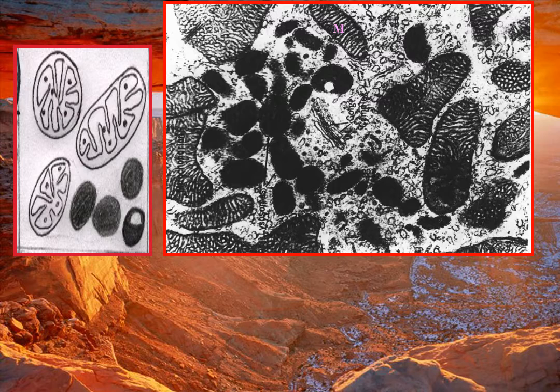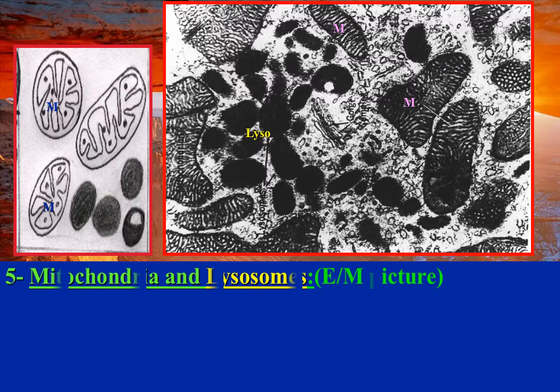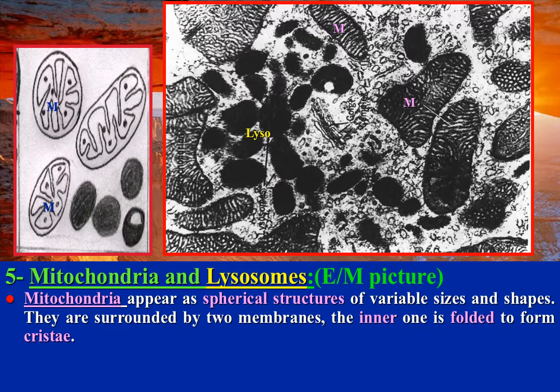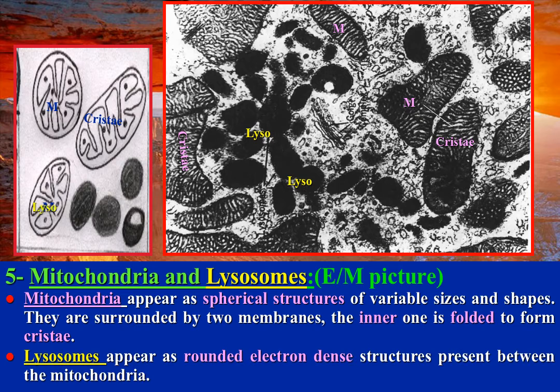Mitochondria and lysosomes. Mitochondria appear as spherical structures of variable sizes and shapes. They are surrounded by two membranes. The inner one is folded to form cristae. Lysosomes, on the other hand, appear as rounded electron-dense structures distributed between the mitochondria.